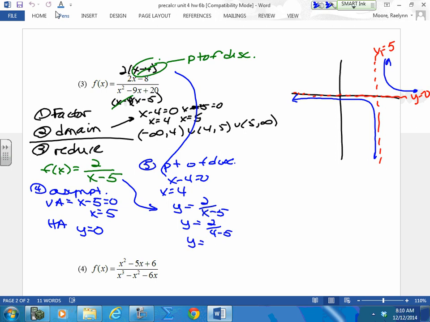So y, if this point did exist, would be 2 over negative 1, negative 2. Your point would be 4, negative 2. So somewhere is your point here of 4, negative 2. Somewhere it has a point of discontinuity.